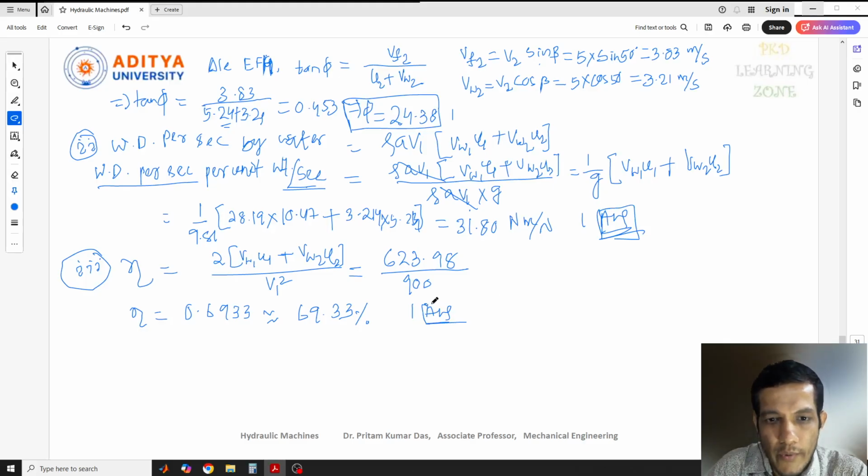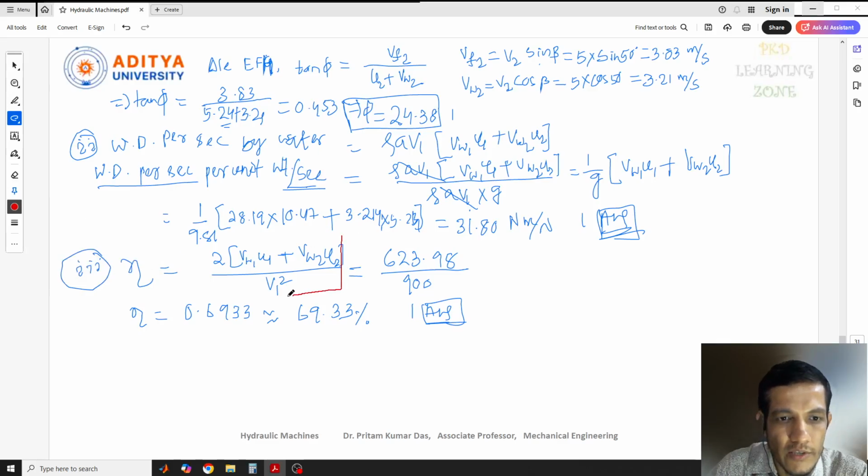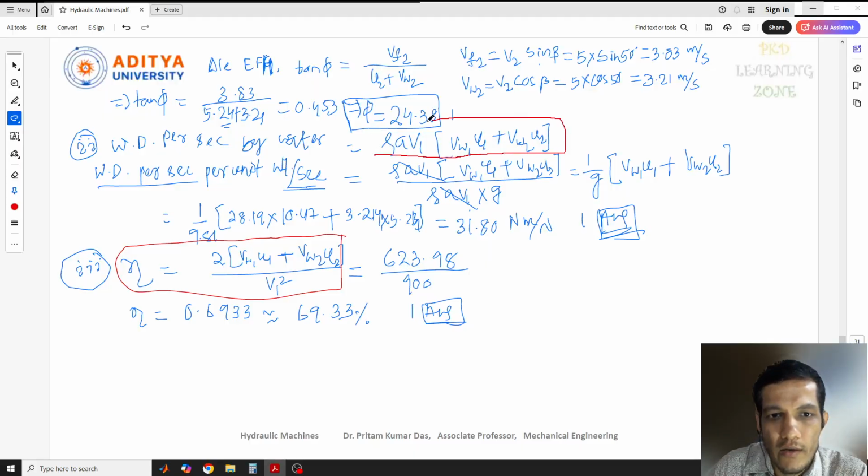Okay, I hope you understand how to evaluate this. So what are the main terminologies? What are the things we need to remember? These formulas actually. So this is our efficiency formula, what we have derived in our last lecture. Similarly, the work done per second by water is nothing but only this one. Okay, but when the question is given work done per unit weight striking per second, then we need to consider the per unit weight.